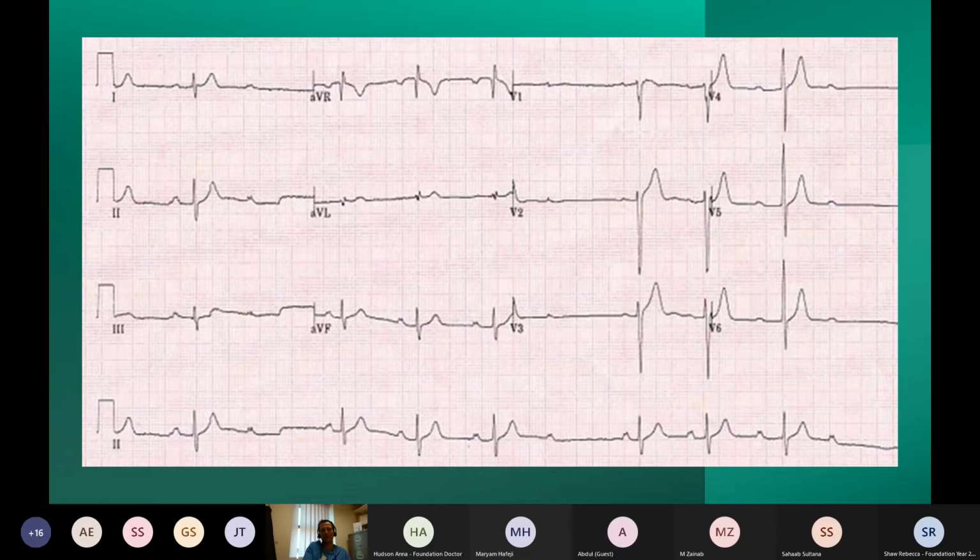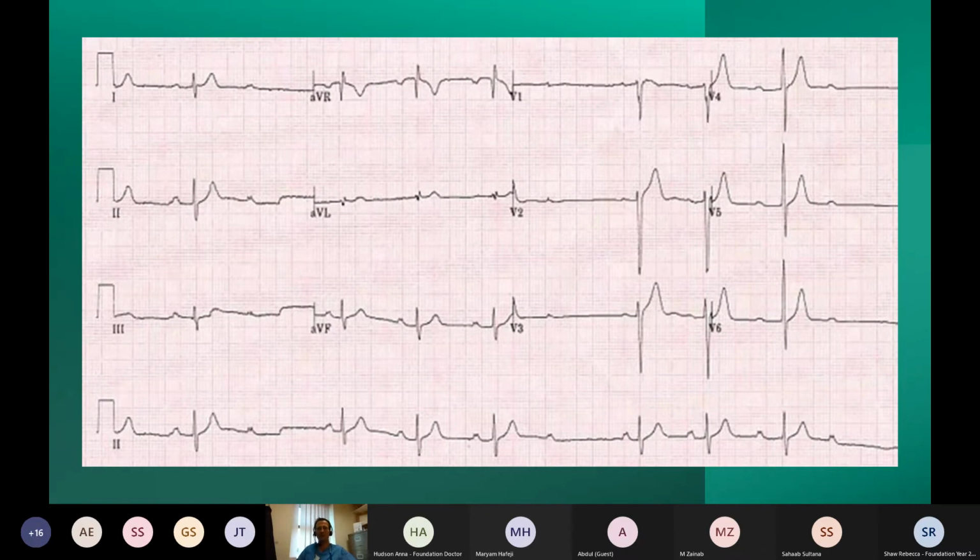What am I gunning for next? What do you think this ECG shows? So I've got a second degree AV block volunteered. It's a good start. Does anybody else agree with that?